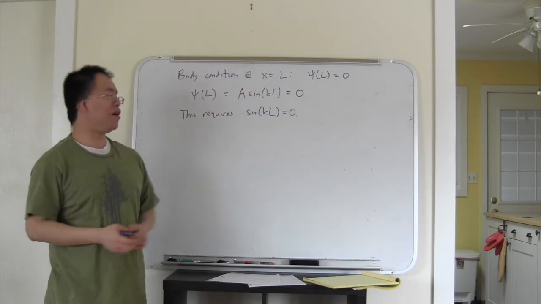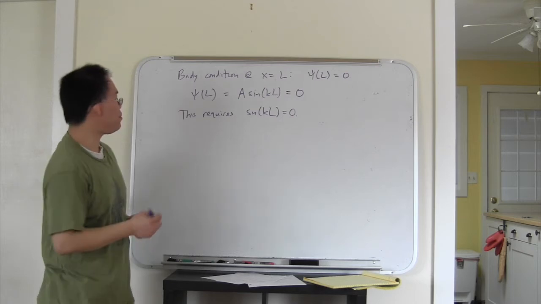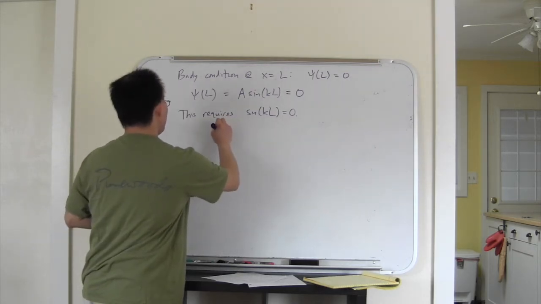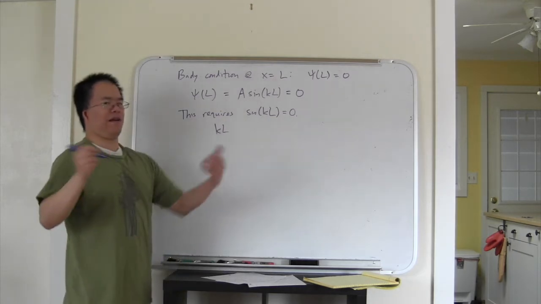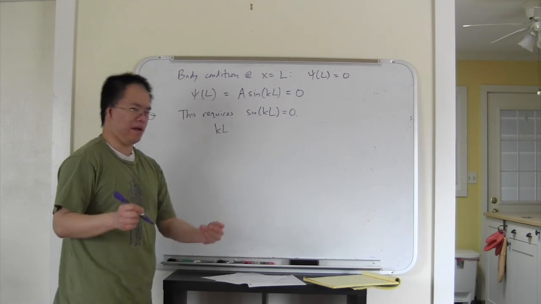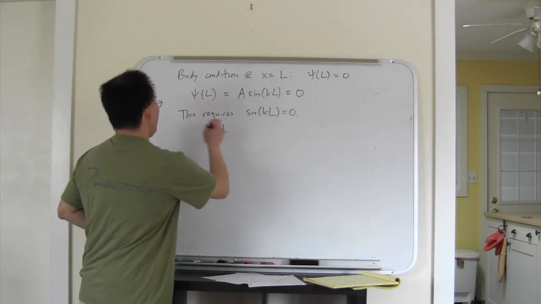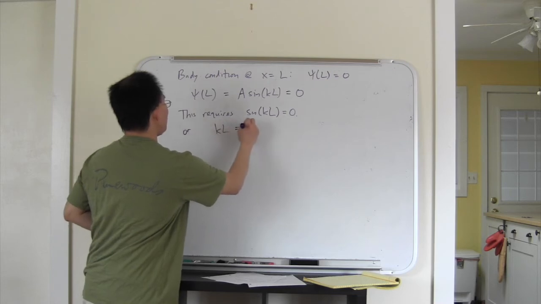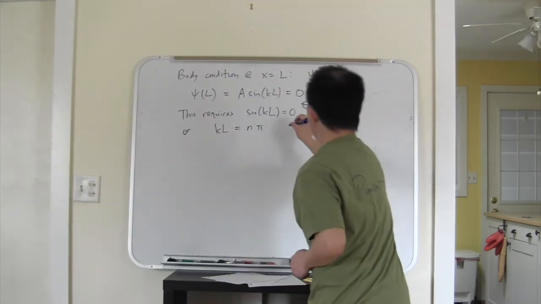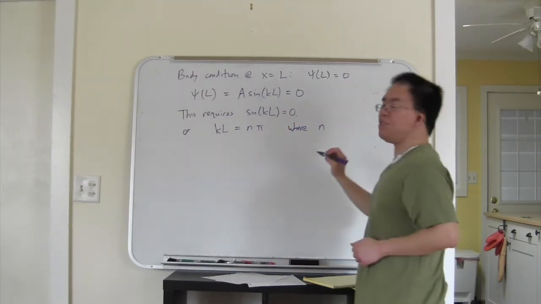So this now becomes a math problem, namely, we need kL, right? Sine of x vanishes at 0 and pi and 2 pi, 3 pi, etc. Or kL equals n pi, where n is an integer.